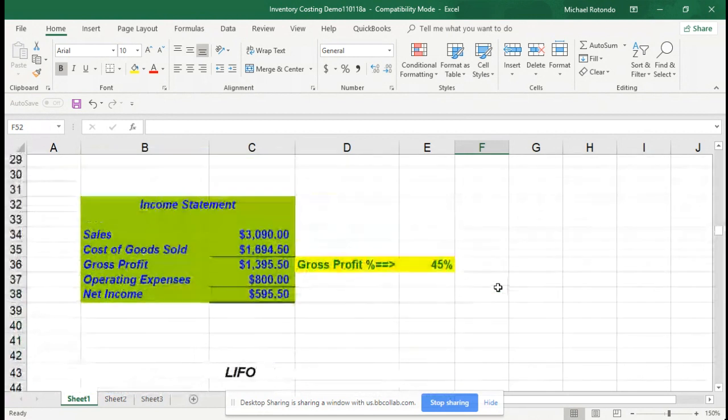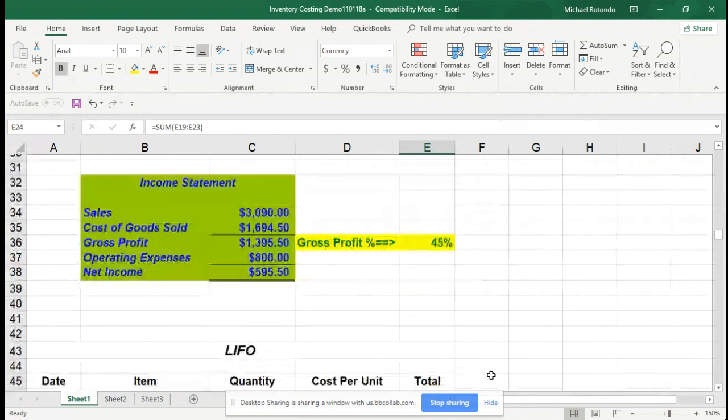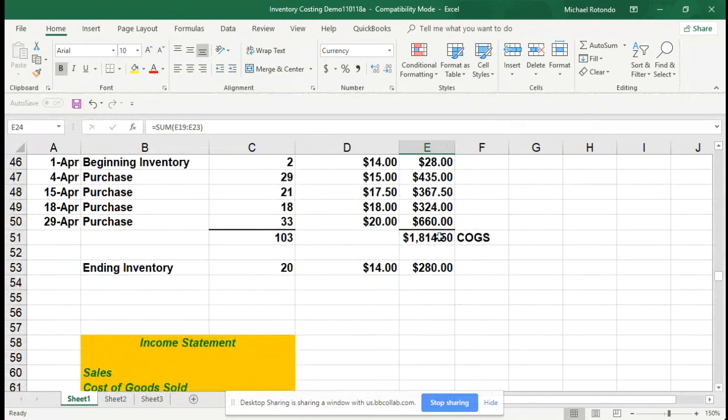And it's going to be higher than under FIFO, as we would expect, because we're selling those newer, more expensive goods first. So our cost of goods sold under LIFO is $1814.50.